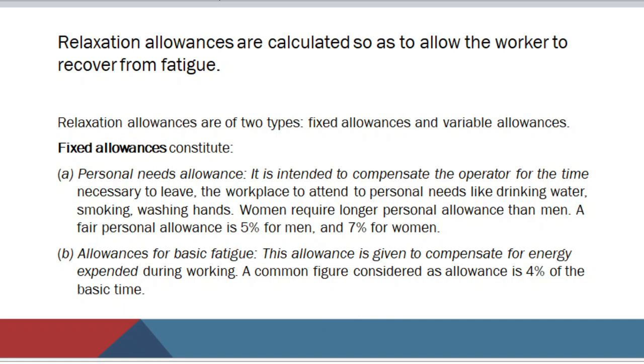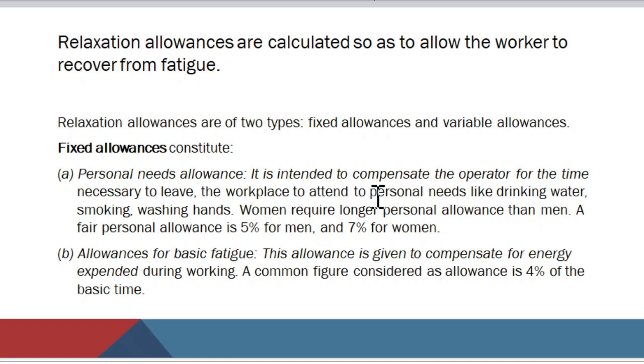So that is why, to be fair enough, the percentage differs: 7% for women and 5% for men. So it is 2% higher for women, because a girl is more prone to, if you hold it in, she gets sick more easily, even more so when pregnant. She may even get a UTI, for some reasons.